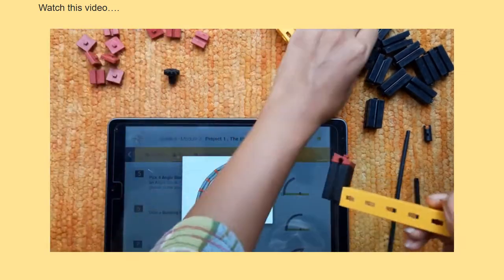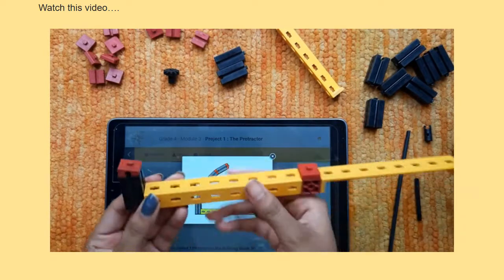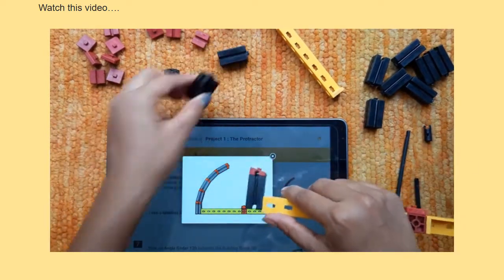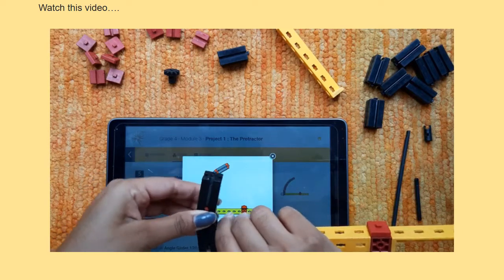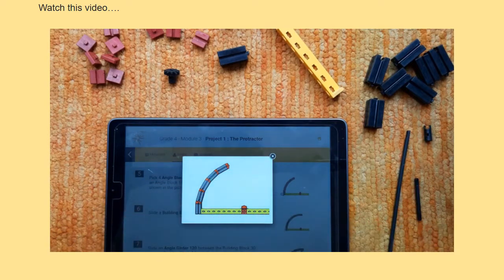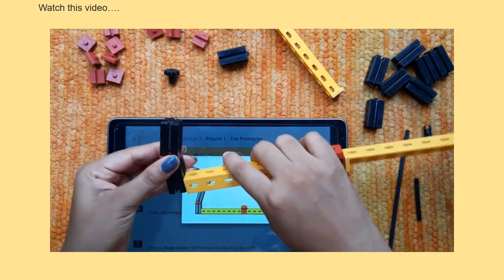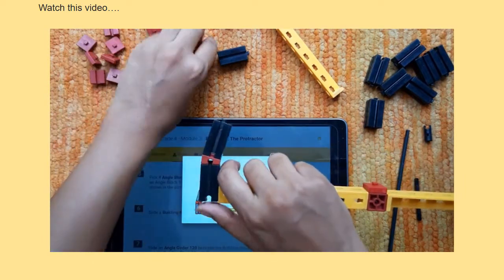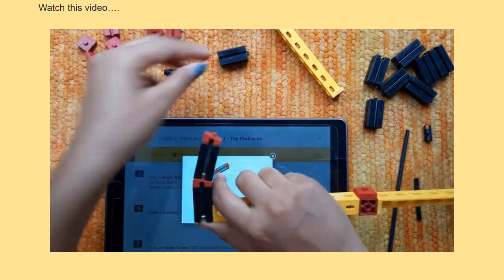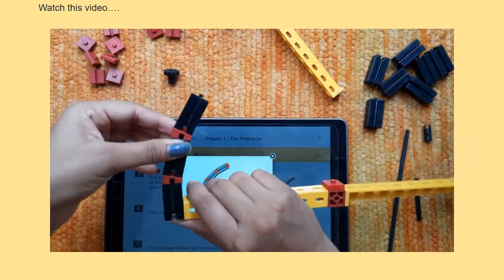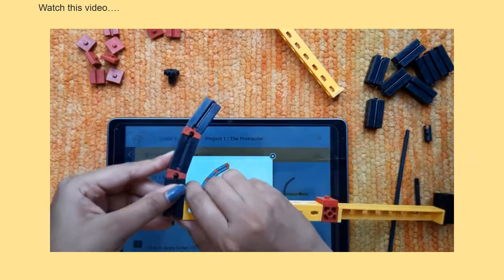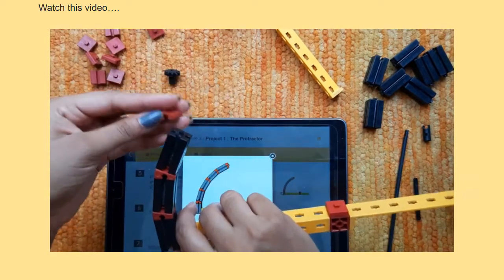So we have to attach these angle blocks and building blocks alternately. One angle block 15 and then building block 30, and repeat it. So here I am attaching it alternately.